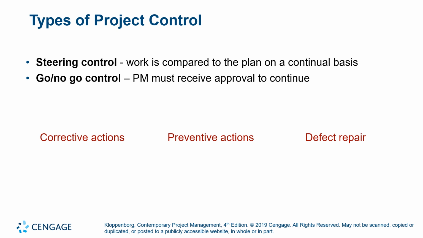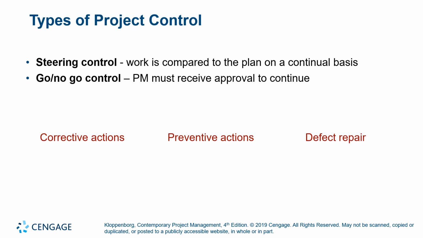One of the things when we talk about project control is what we call steering control, which is work compared to a plan on a continual basis. And then there's go, no go control, where the PM must receive approval to continue.